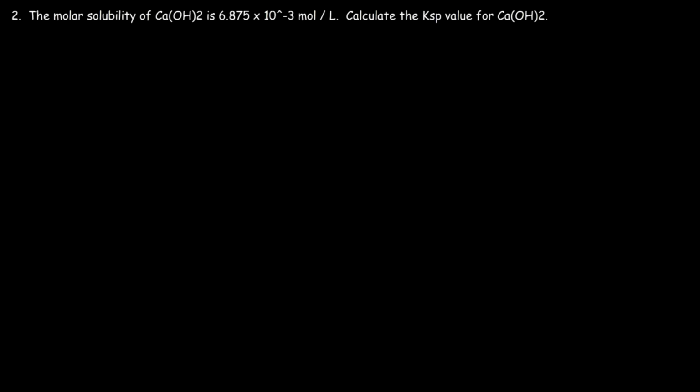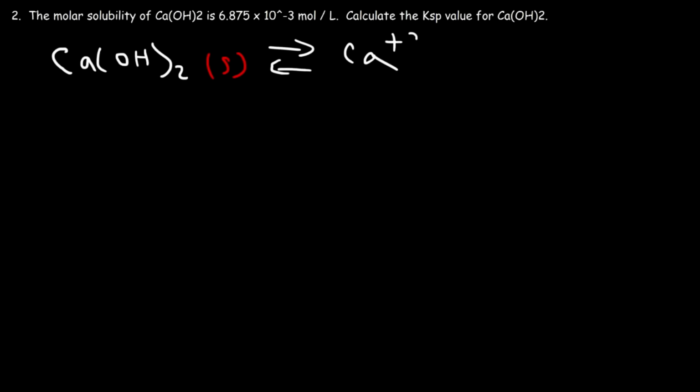Now let's work on number 2. The molar solubility of calcium hydroxide is 6.875 times 10 to the negative 3. Calculate the Ksp value for calcium hydroxide. So first, let's write the dissociation reaction. Solid calcium hydroxide dissociates into calcium and 2 hydroxide ions.